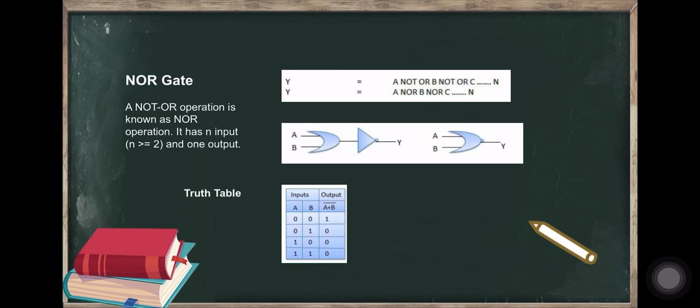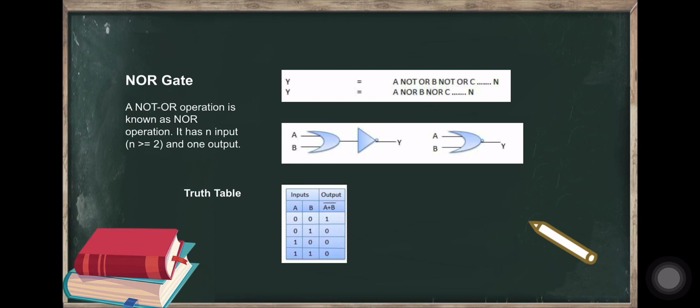It's a combination of NOT and OR gates. The truth table for this gate is when A is 0 and B is 0, the answer will be 1.